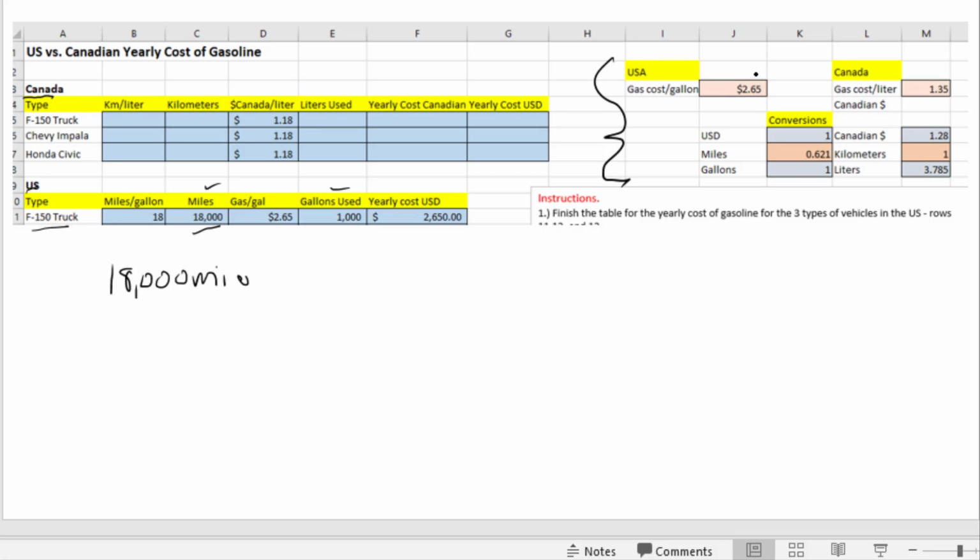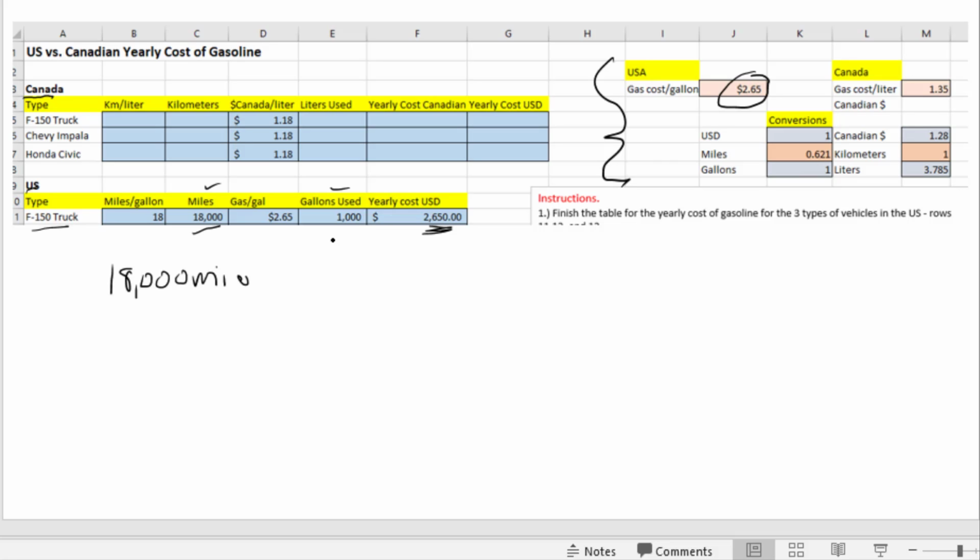And really what you should use when you're doing the dollar cost is this one here. You should use that cell and lock it. That way if it changes next year you can just change it here. So I have 18,000 miles.